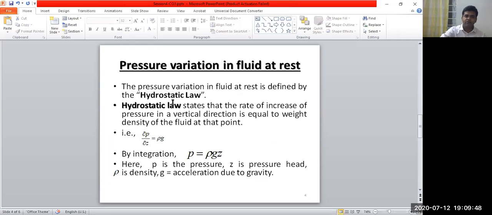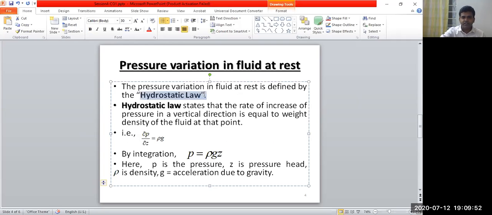Now coming to the hydrostatic law. So hydrostatic law deals with the pressure variation in fluid at rest. When the fluid is at rest, what is the variation of pressure in the fluid in the vertical direction? That is governed by the hydrostatic law.